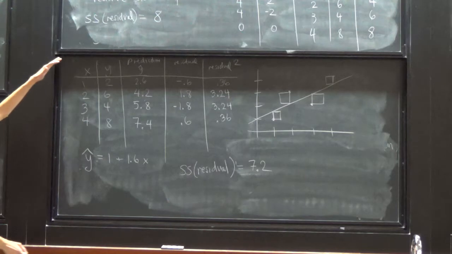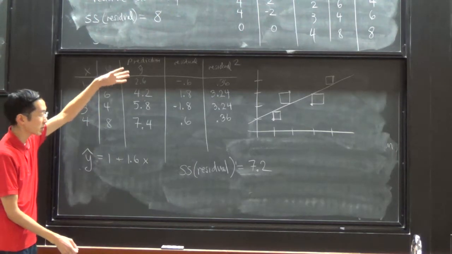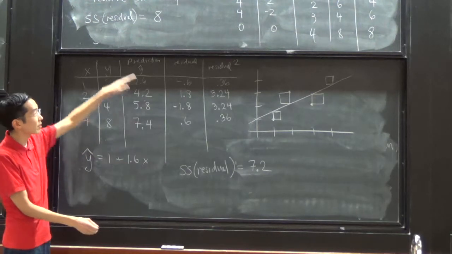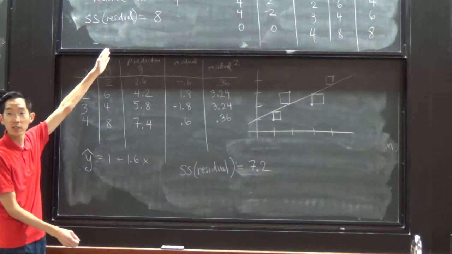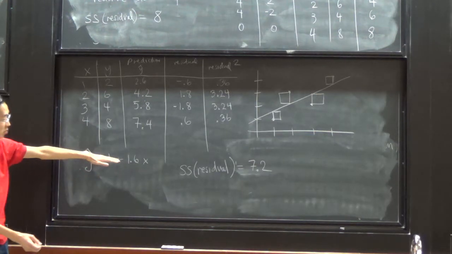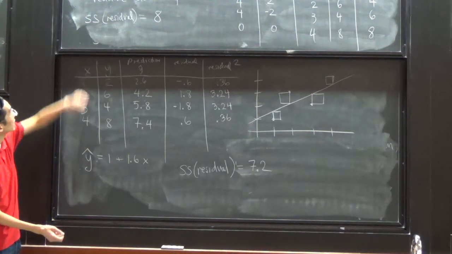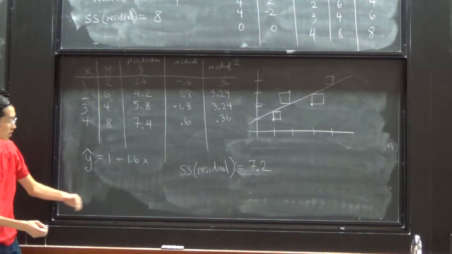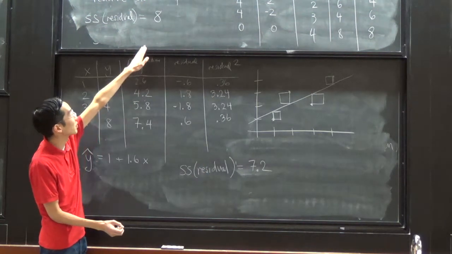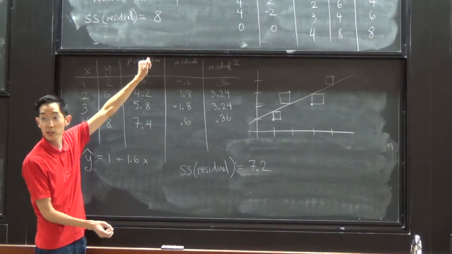Okay, so according to our criteria for what the best fitting line is, this line is a better fit than that line. Y equals 1 plus 1.6x is a better fitting line than y equals 2x, because the sum of squares residual here is smaller than the sum of squares residual there.